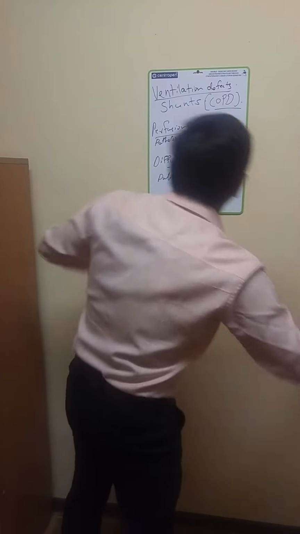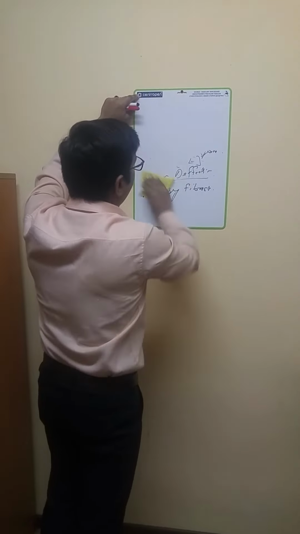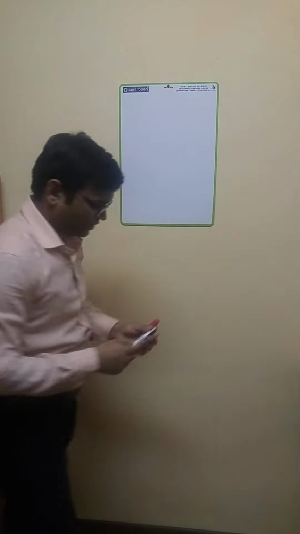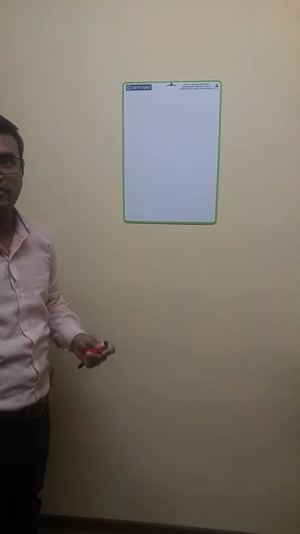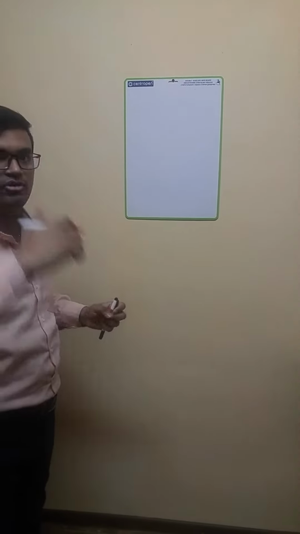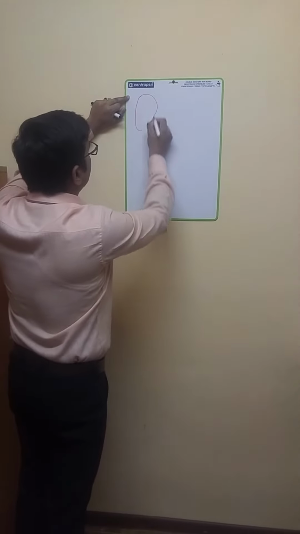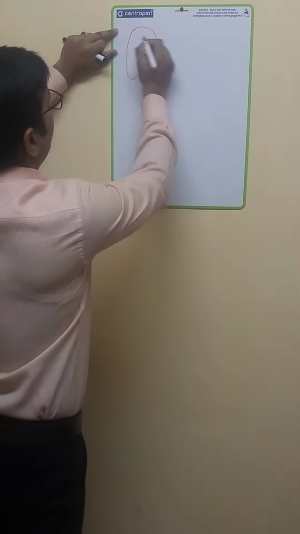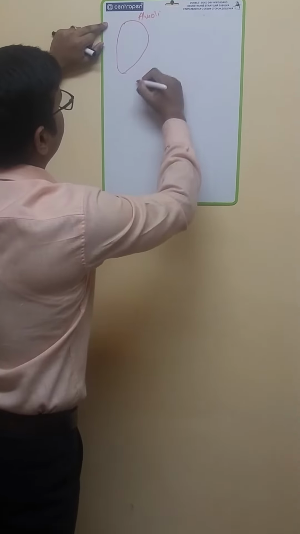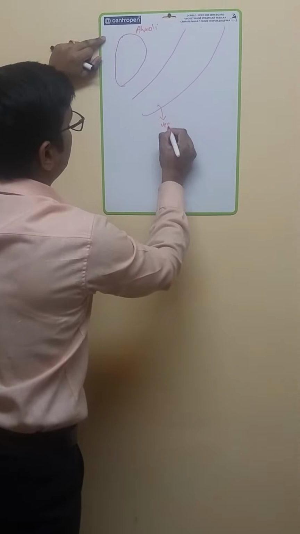Now students, for a quick review one more time, I want to say one more thing about this. The transfer of oxygen from the alveoli to the capillary and at last to the hemoglobin. Say for example, this is one alveolus and this is the vessel.